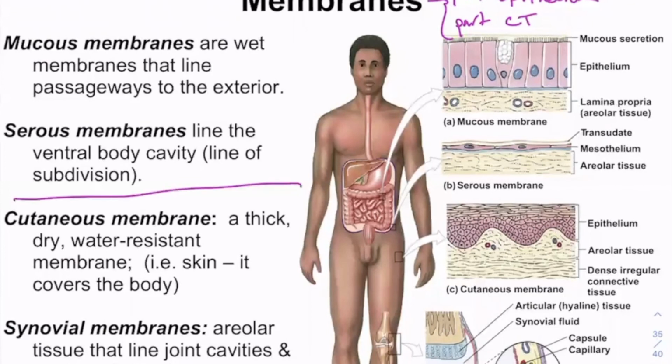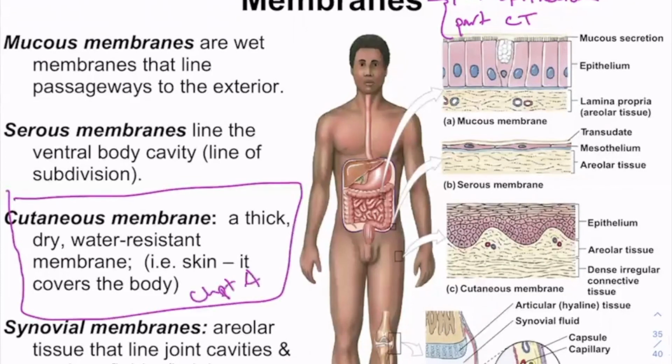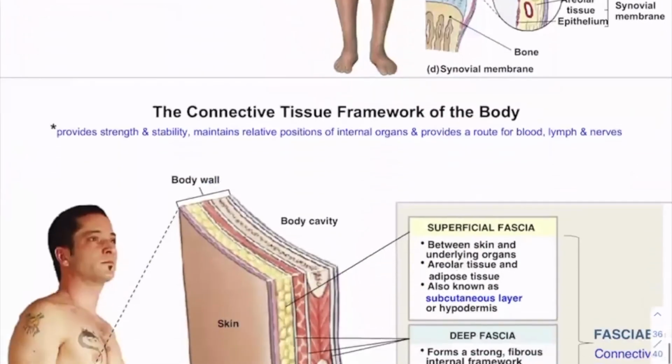We're going to talk about cutaneous membranes in chapter 4 because the cutaneous membrane is the epidermis, which is epithelium, and the underlying dermis. Remember, epi means on top of the dermis, and that is connective tissue. Together, they're referred to as the cutaneous membrane because it is both epithelium and connective tissue.